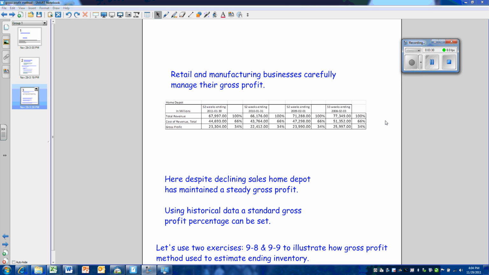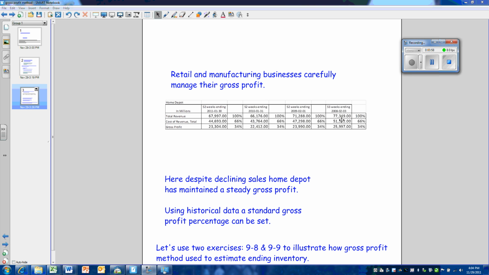Developing the historic gross profit margin is the key to applying this method. Large companies and small in the manufacturing and retail businesses carefully manage their gross profit. Let's take a look at this using Home Depot. Over the past 4 reporting periods, Home Depot has had a declining revenue.